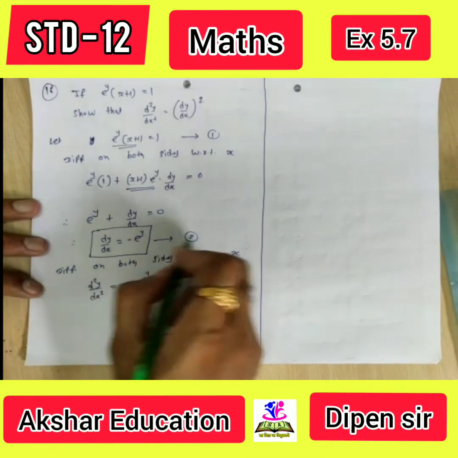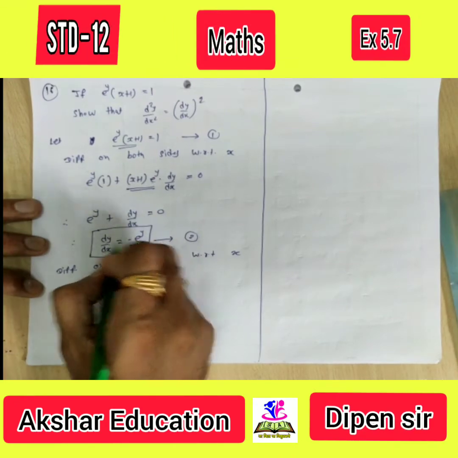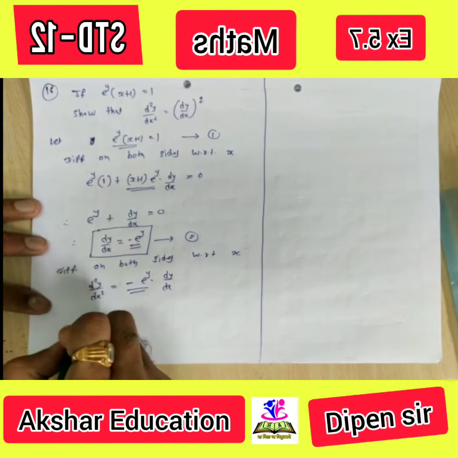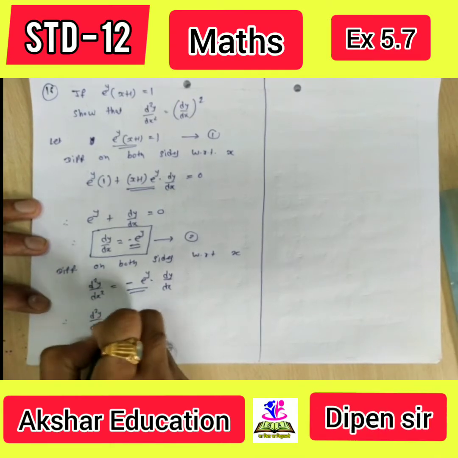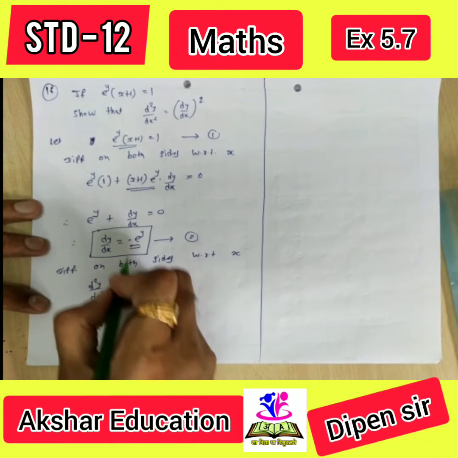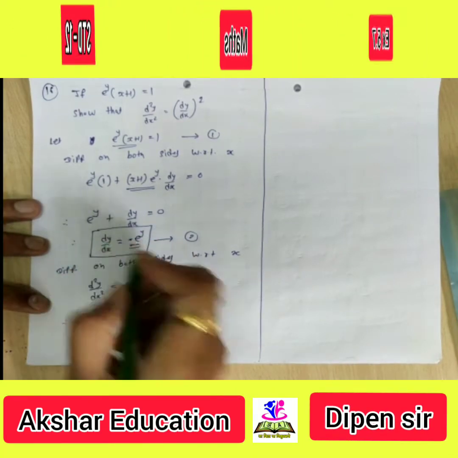Now from result 2, minus e raised to y equals dy by dx.